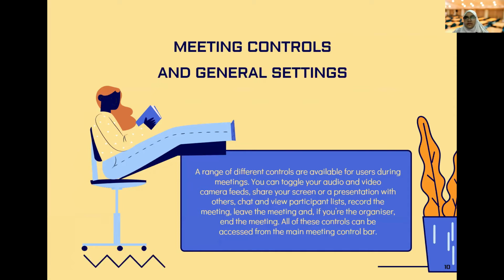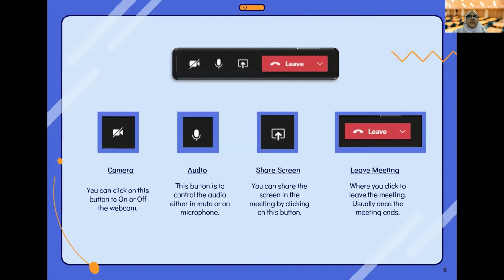After we know how to do live meetings, we should know the meeting controls and the general settings in this application. The first one is the basic thing that we need to know. First is the camera. For the camera, you can click on this button to turn the webcam on or off.